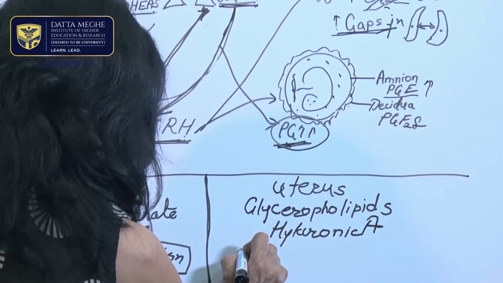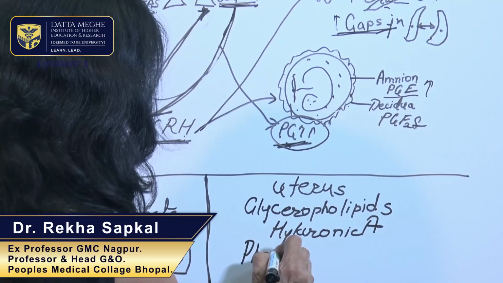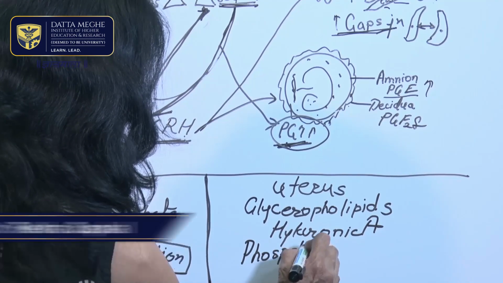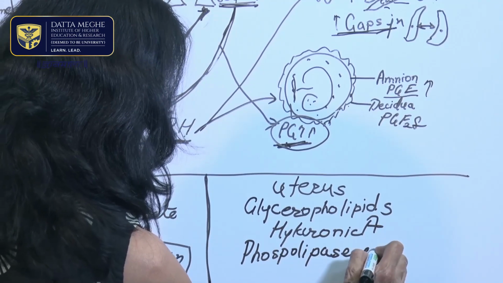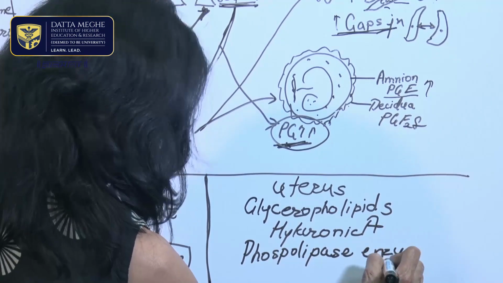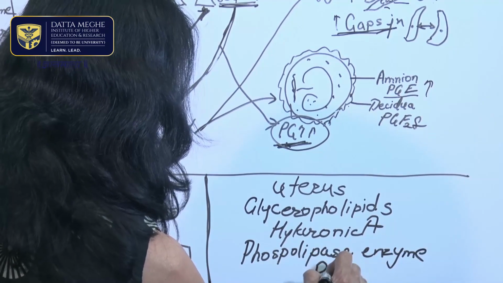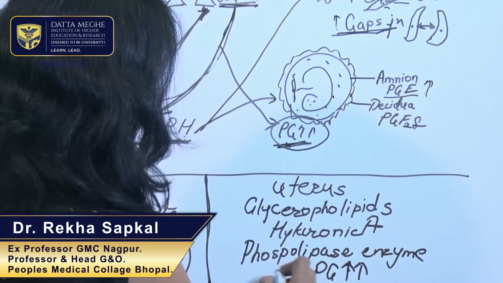There is activation of this phospholipase enzyme, which results in the production of prostaglandins in excess.